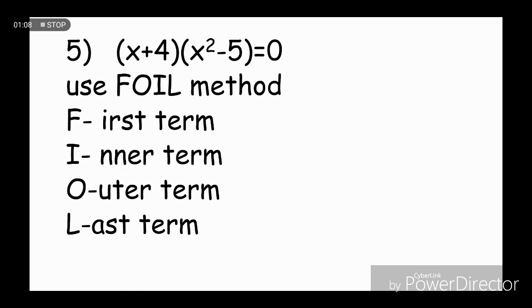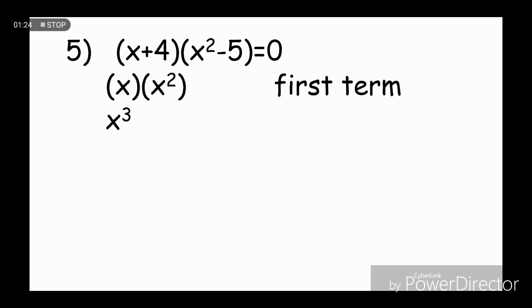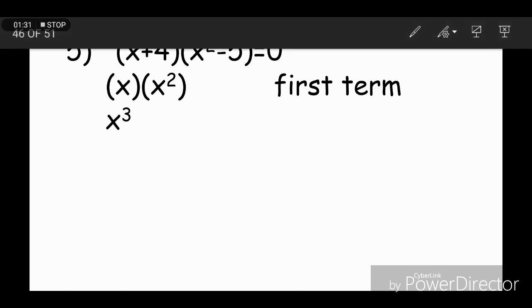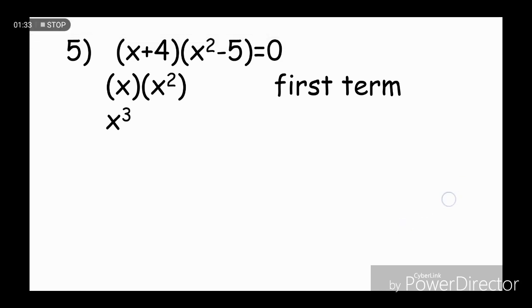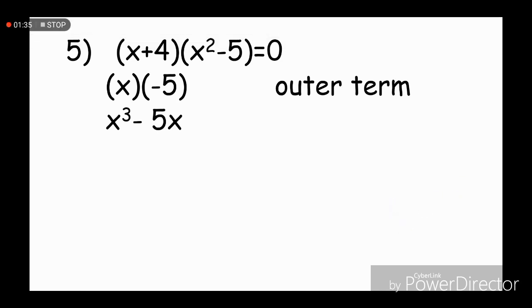Okay, number 5, the last item. We have the quantity of x plus 4 times the quantity of x squared minus 5 is equal to 0. So again, use the FOIL method. The first term, x times x squared, x cubed. Next, the outer term, x times negative 5, negative 5x.